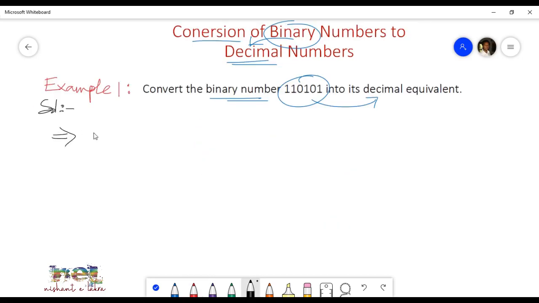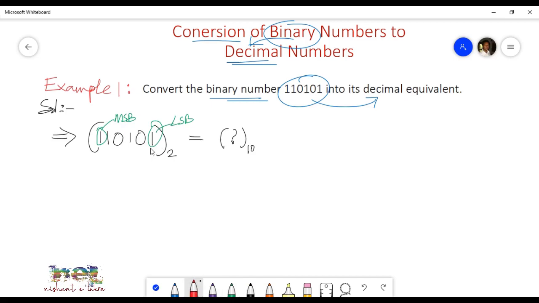Let us see how to convert this: 110101. This is binary, so we write it as base 2, and we have to convert it to its decimal equivalent, which is base 10. The leftmost digit is termed MSB and the rightmost digit is termed LSB.